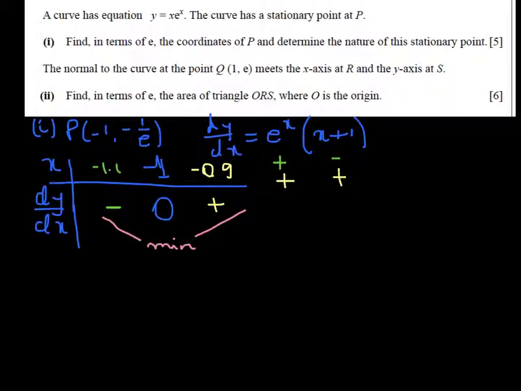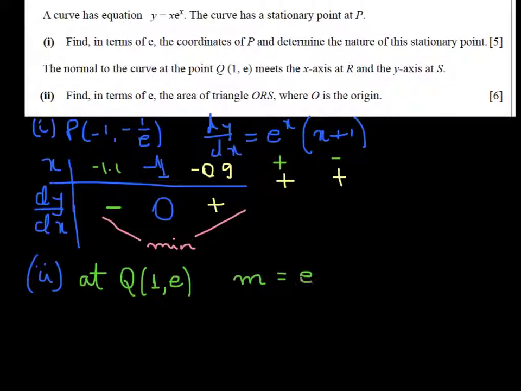Move to question 2. The normal to the curve at the point Q meets the x-axis at R and the y-axis at S. So we need the normal to the curve at the point Q. So at Q, coordinates 1, e, the slope of the tangent is, replace x by 1 in dy by dx, so we get e times 1 plus 1, so it's 2e.